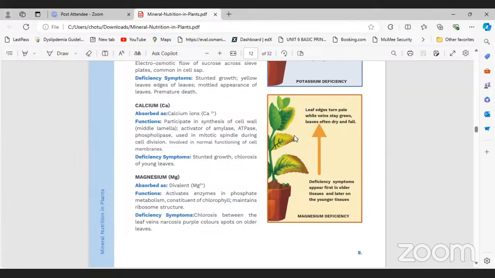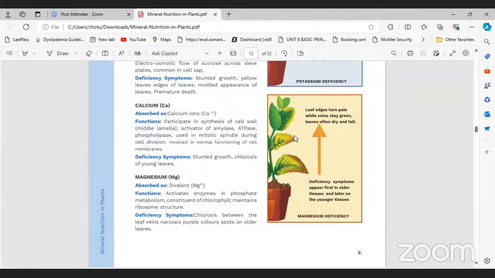It is essential for the continued growth of the apical meristems. Maintenance of sodium, potassium, and calcium within fairly narrow limits would appear essential for the differential permeability of the cell membrane. Calcium deficiency causes stunted growth and chlorosis.